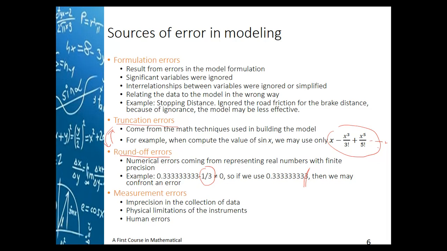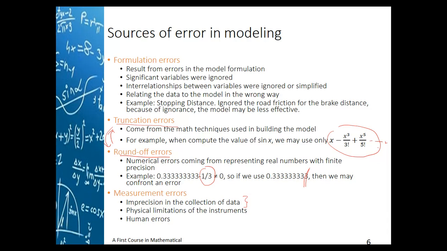And the measurement error, this one is difficult to detect. The earlier ones are easier because they are still under your control. Measurement error is difficult to detect. Why? Because it involves the collection of data, meaning the prior exercise. If you are an analyst, that's why I say it is outside your control.